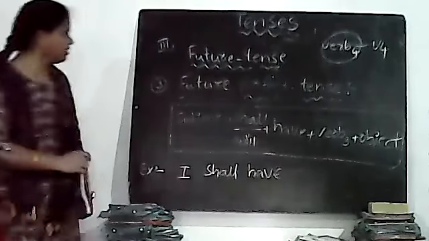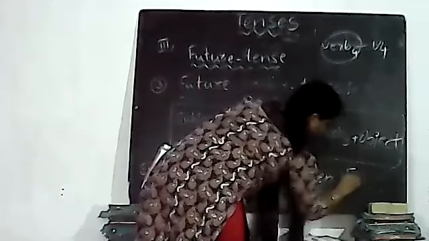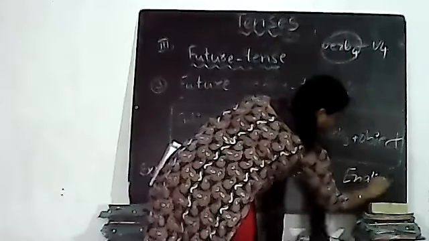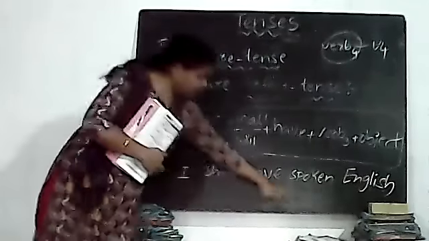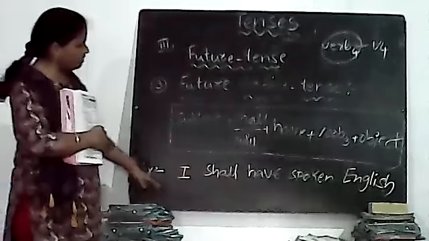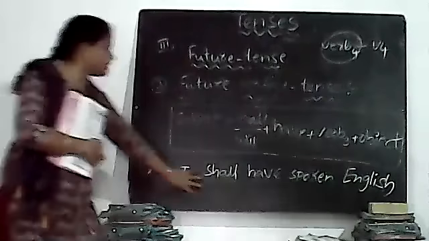Speak, spoke, spoken, so verb 3 goes to spoken. Next add the object. Which object? English. Before, we took English, that's why I write English as the object. You can take English or Hindi or Urdu or whatever. So: I shall have spoken English.